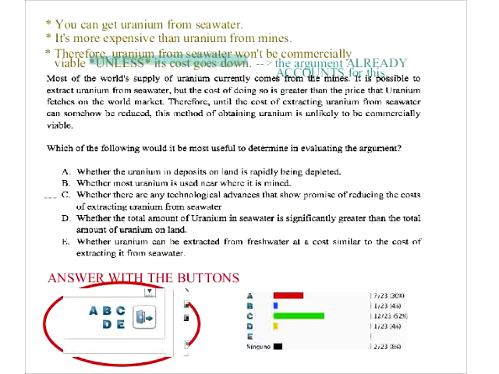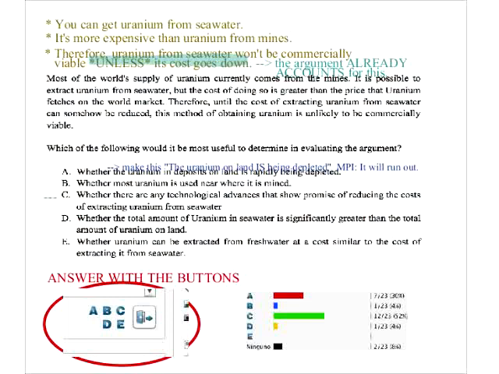Okay, let's talk about choice A. Choice A says the uranium on land is already being depleted. The most probable interpretation of that is that it will run out, because something rapidly being used up means it's going to all be used up.